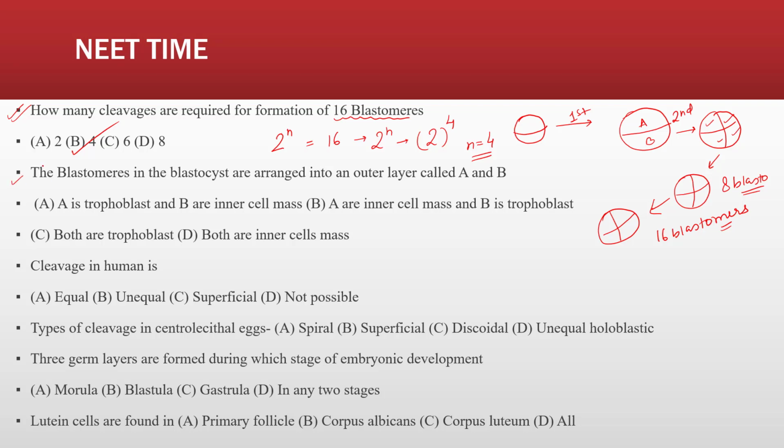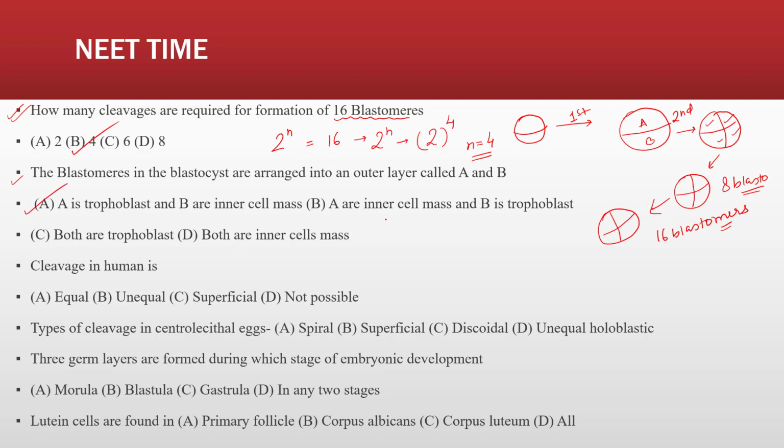Second question: the blastomeres in the blastocyst are arranged into an outer layer called A and an inner layer called B. The outer layer A is the trophoblast layer and the inner layer B is the inner cell mass.